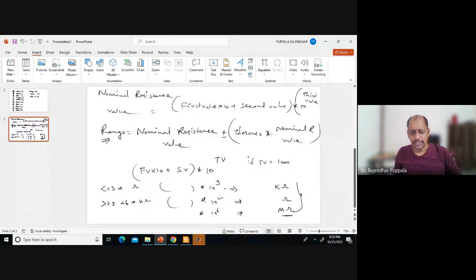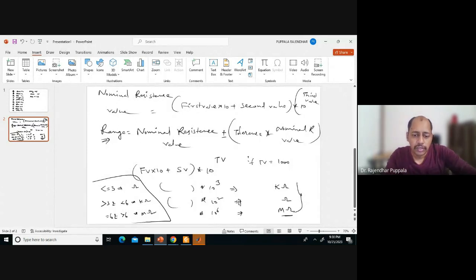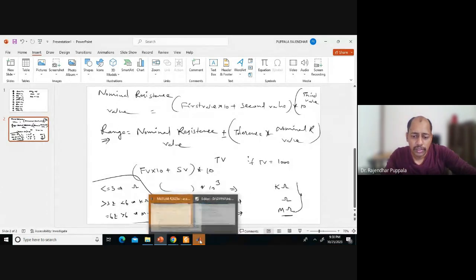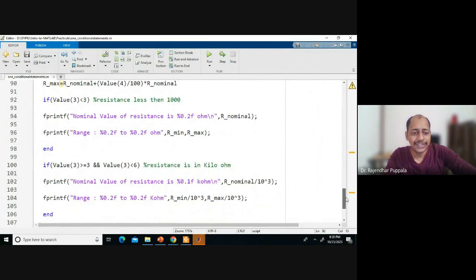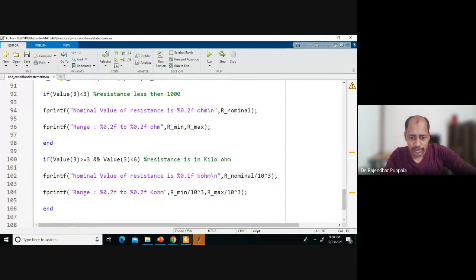Equal to 6 and greater than 6, mega ohm. So this is the concept, right? See, this concept is only related with the third value. We are not going to do anything with the first and second value. Why? Because in the formula, the third value is the main part, the main one, right?